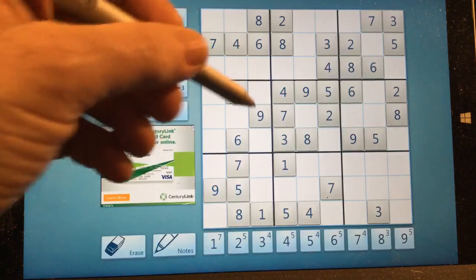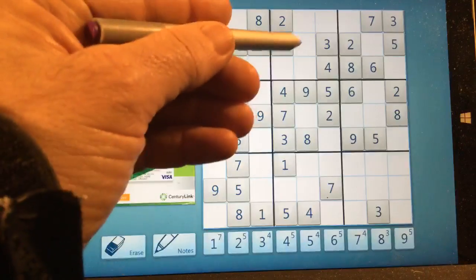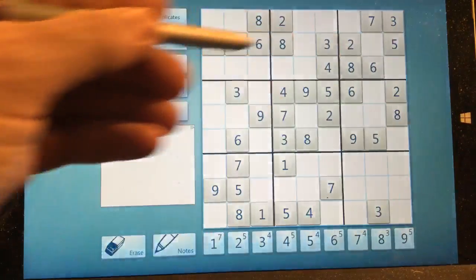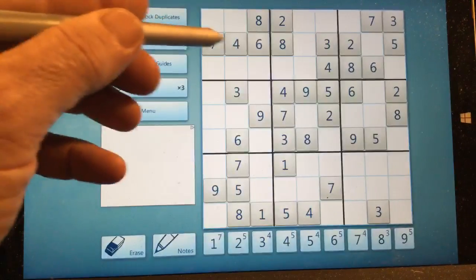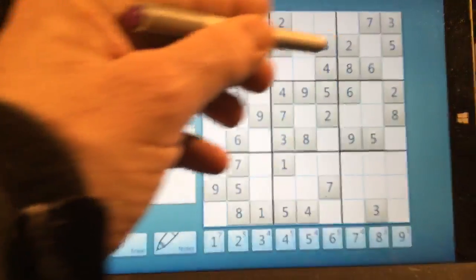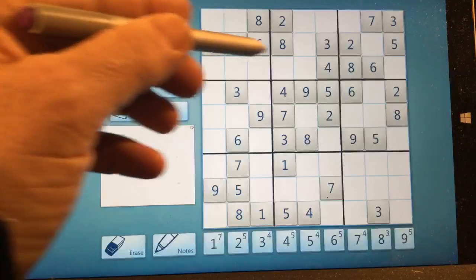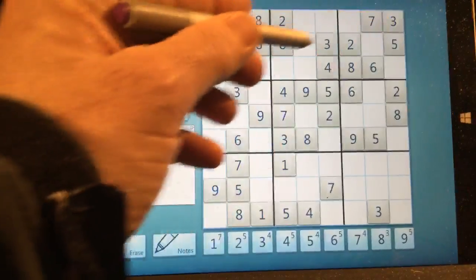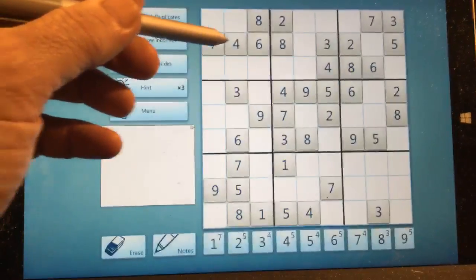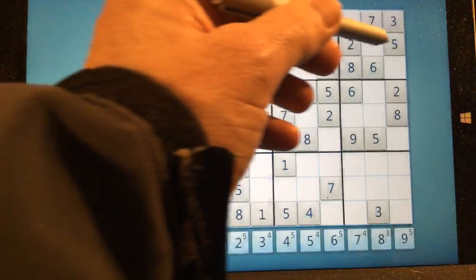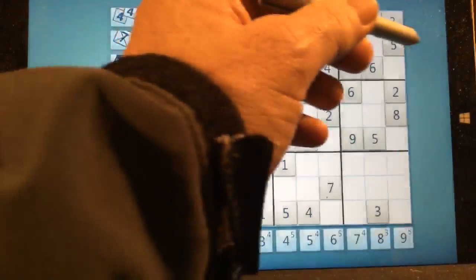So let's see here. We know there's a 1 missing on this column. I'm just spitballing here. So there's a 1 missing, and let's find out what the other number is it's missing. So we're now talking about this. I said column, but I meant this middle row.